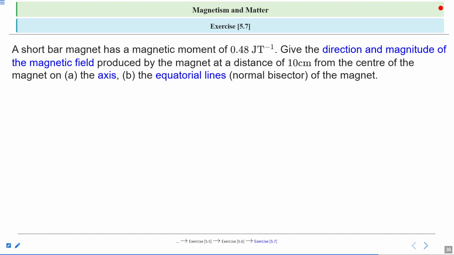A part is on the axis, that means axial line, and B part is the equatorial line. Equatorial line means normal bisector, a line passing through the center of the dipole and perpendicular to the magnet. So I will give you some time to think about it.